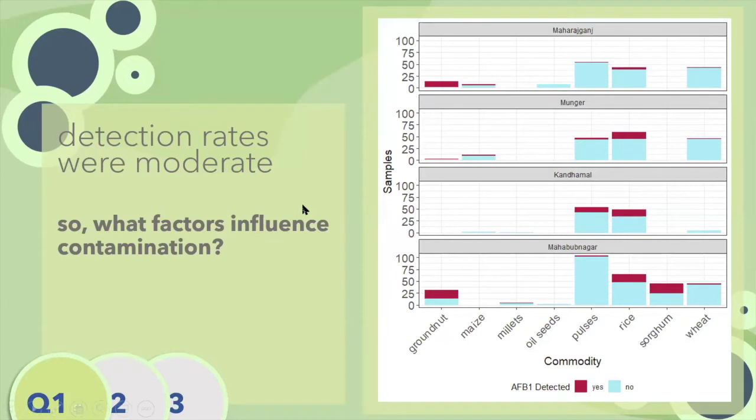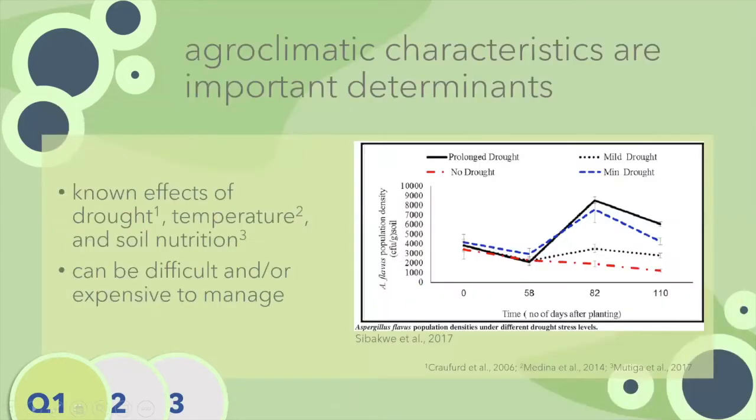And so we already had some idea of the major drivers of aflatoxin risk. We are not the first people to want to understand this, and there's a rich literature pointing to different risk factors for aflatoxin accumulation. Particularly, we know that pre-harvest agroclimatic features are very important determinants of aflatoxin levels. For example, there are known relationships between drought, temperature, and soil nutrition and aflatoxin status.